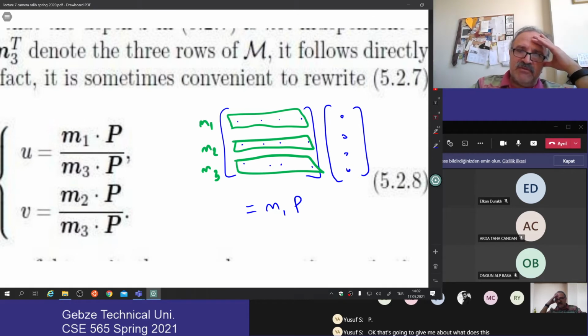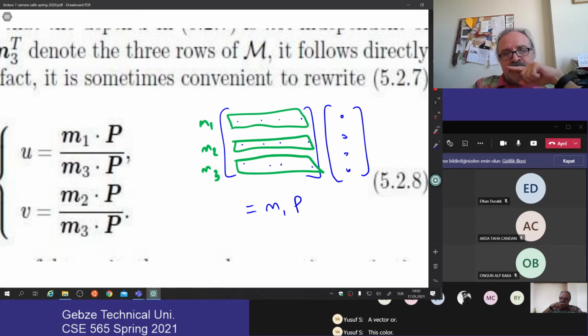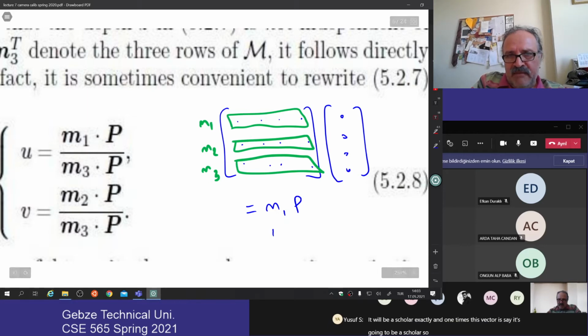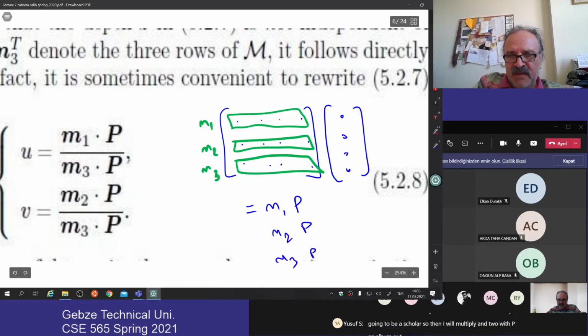A vector or a scalar? It will be a scalar, exactly. M1 times this vector is going to be a scalar. So then I will multiply M2 with P, and I will multiply M3 with P.